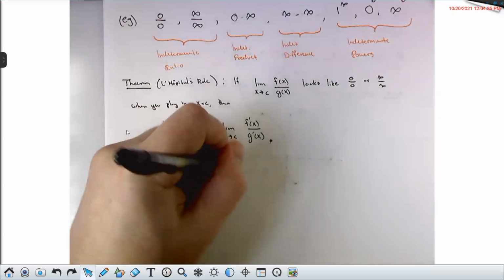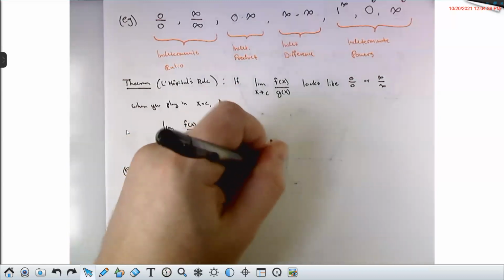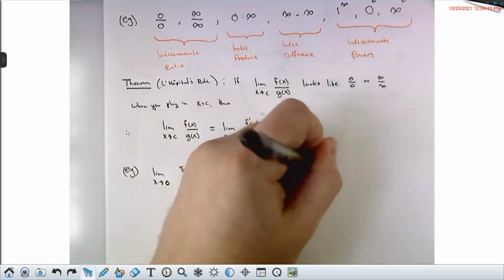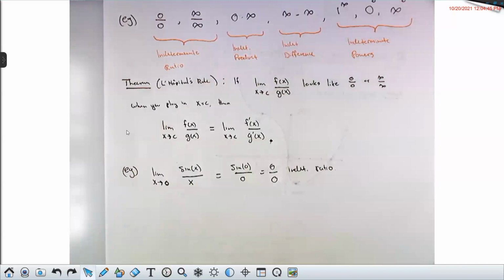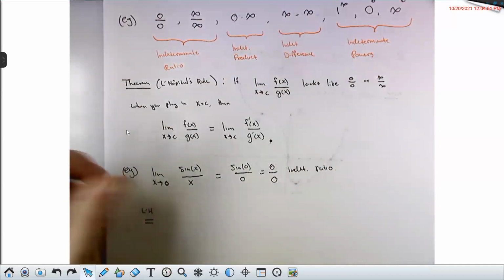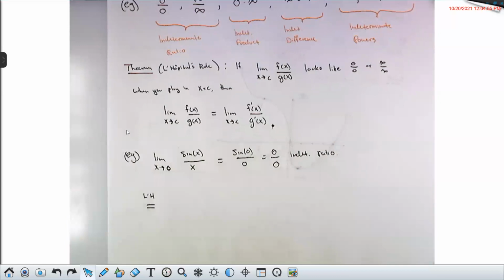If I plug in 0, I get the sine of 0 over 0, which is 0 over 0, which is an indeterminate ratio. So instead of grinding away with something else, like the geometry, or memorizing the limit, we could now use L'Hopital's rule. And this is the notation I like.